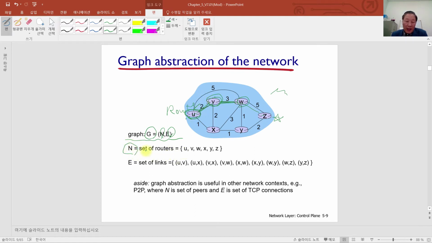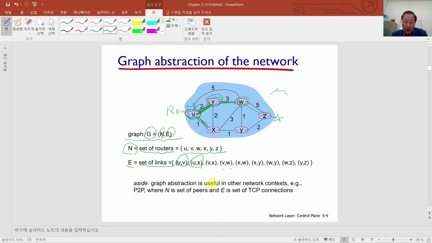And N is the set of routers. Here we have U, V, W, that kind of routers. This is the set for that. And E is the set of edges, and in our computer terminology, those are links, communication links. There are UX, UV, those are links.